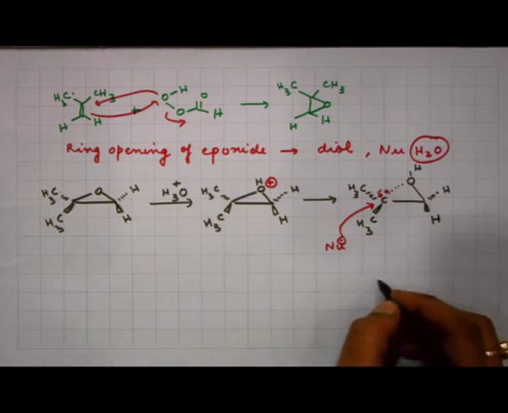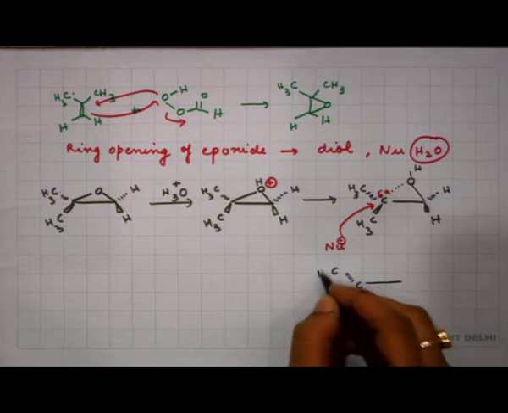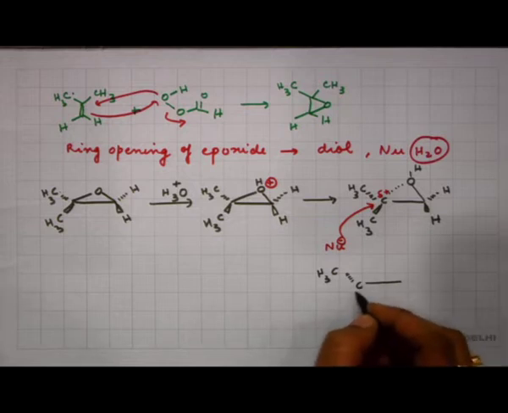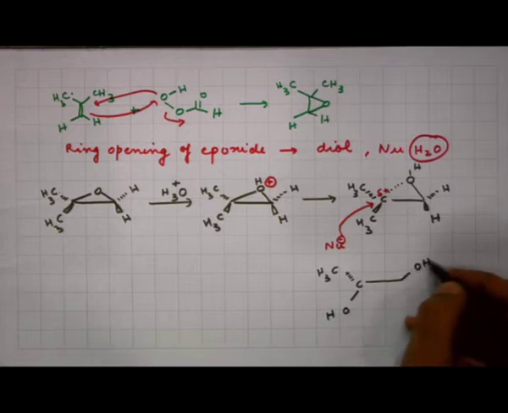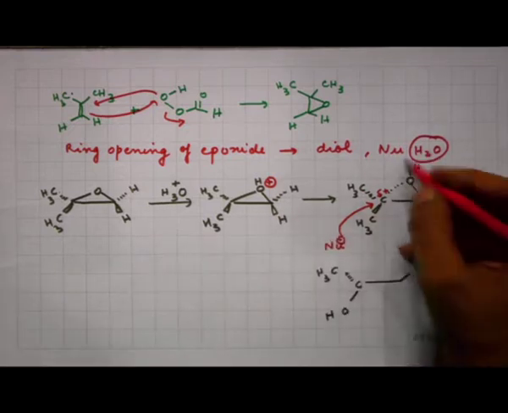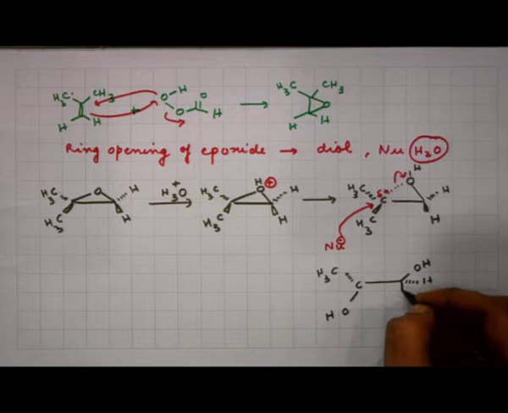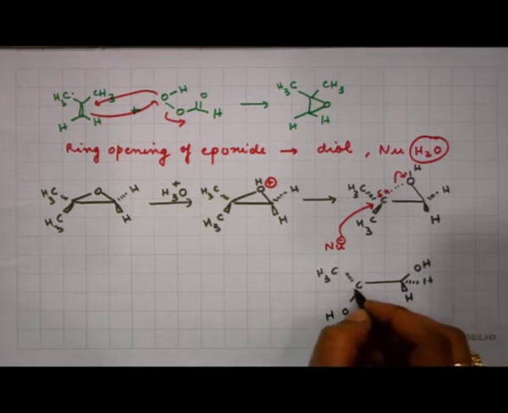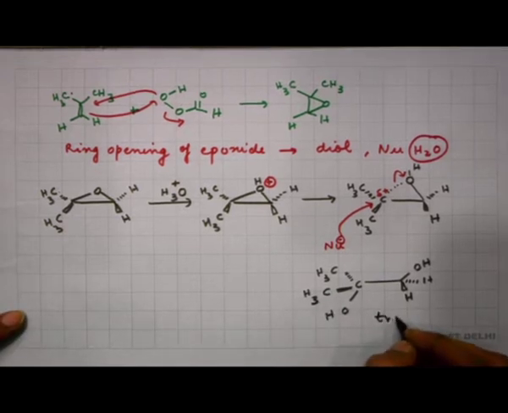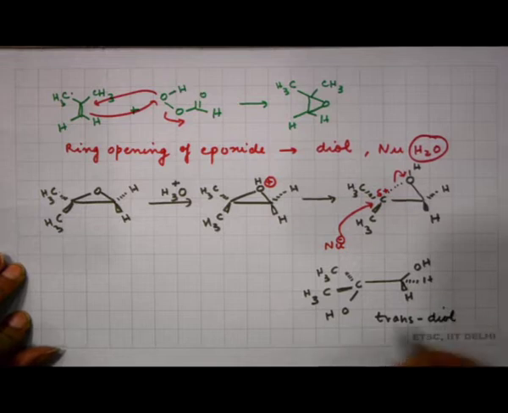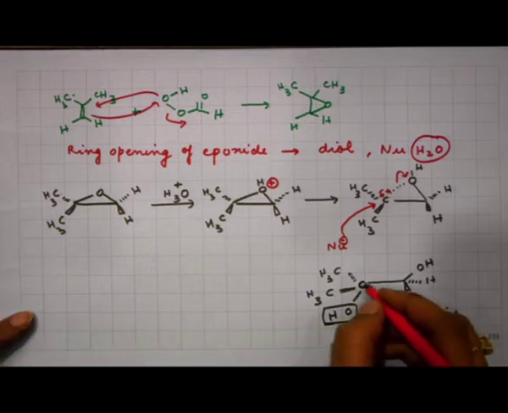So, when the nucleophile is water and it opens up this ring, we expect, when this attacks here and the ring opens up, we get this trans diol in which the hydroxyl, or the nucleophile, goes and attaches to the carbon which is more substituted.